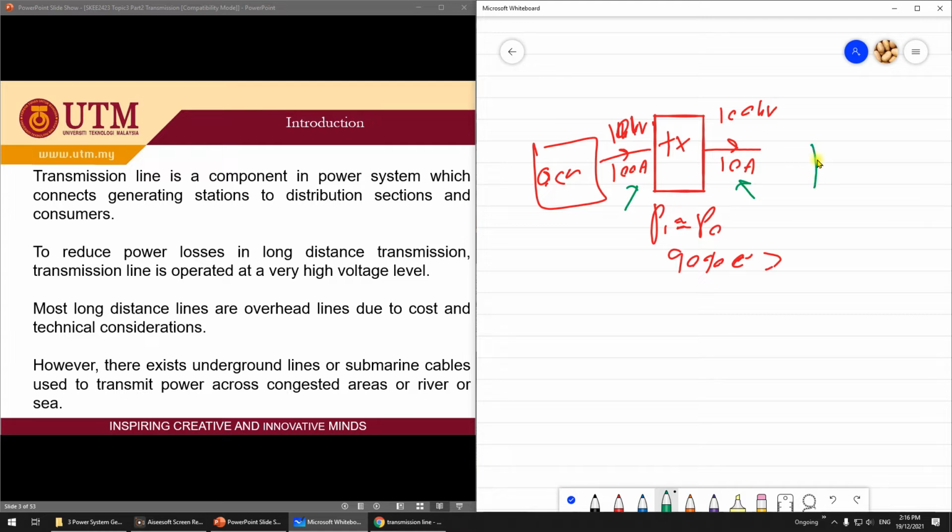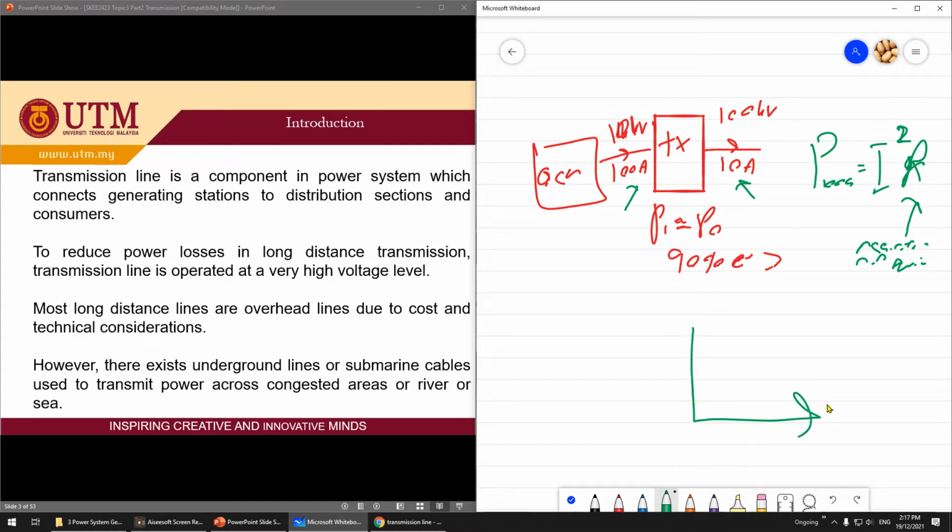Why? P loss is equal to I squared R. R is the resistance of the wire. It's very small, but it can be significant if the current is very high. And you can see this is squared, so the higher the current, the higher the power loss, in the form of a square law.